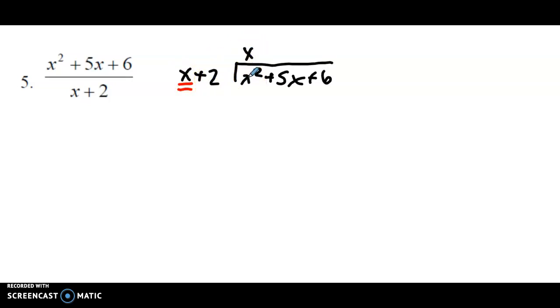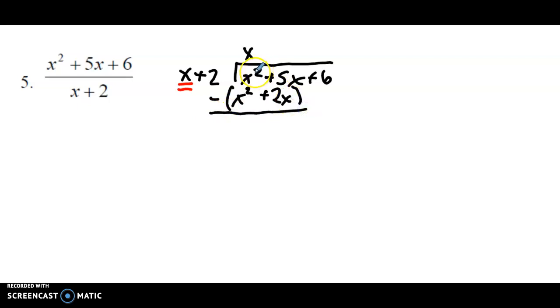Again, when you long divide normally, what you have to do then is multiply and then subtract. So I'm going to multiply this x times both of the terms of my polynomial. So x times x is x squared, and x times 2 is positive 2x. And now I'm going to take that away from my x squared plus 5x plus 6.